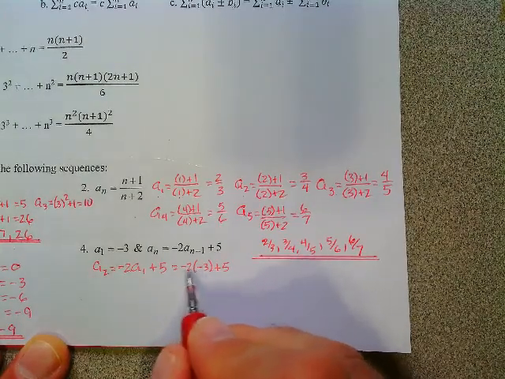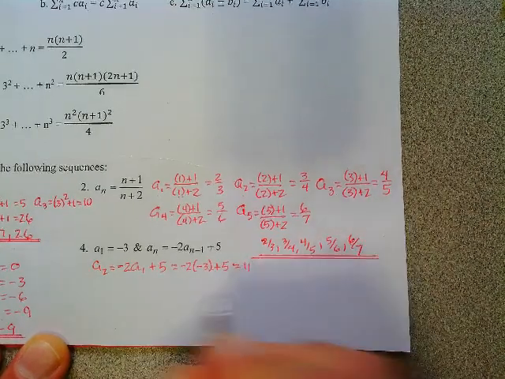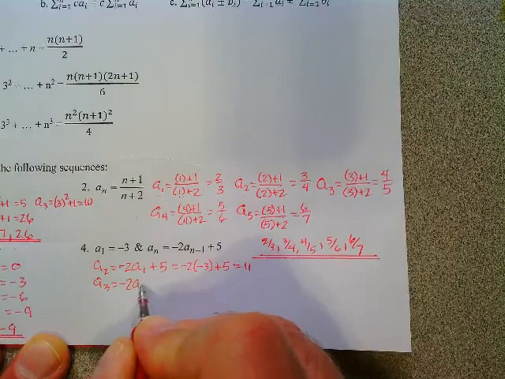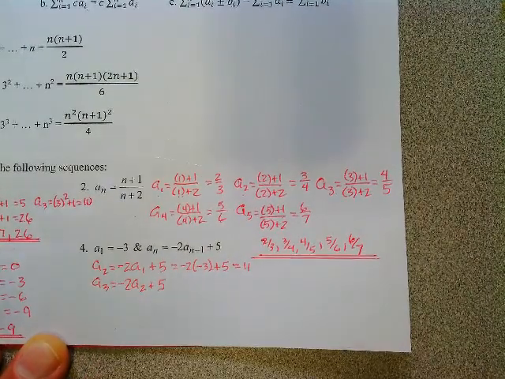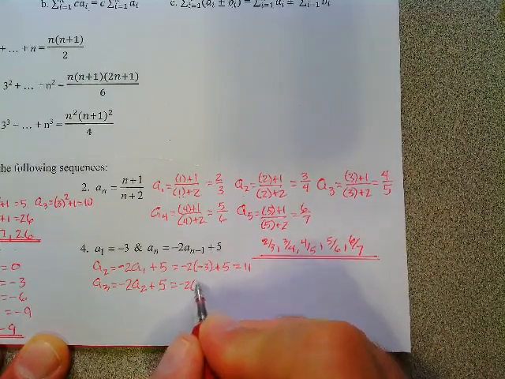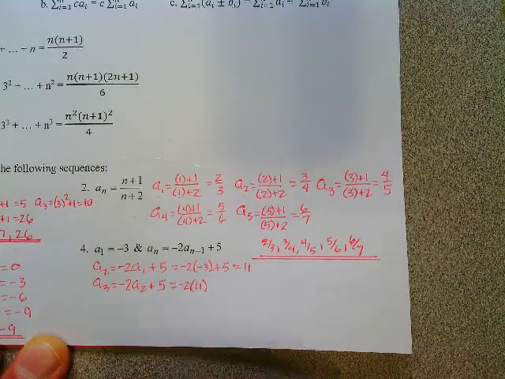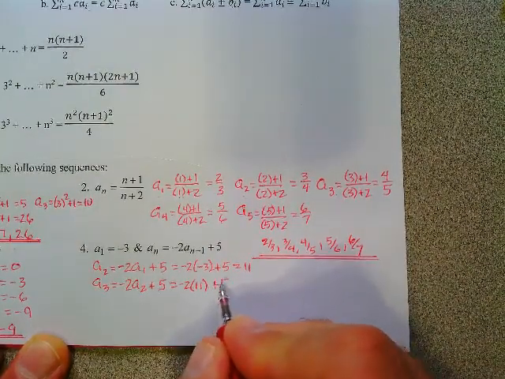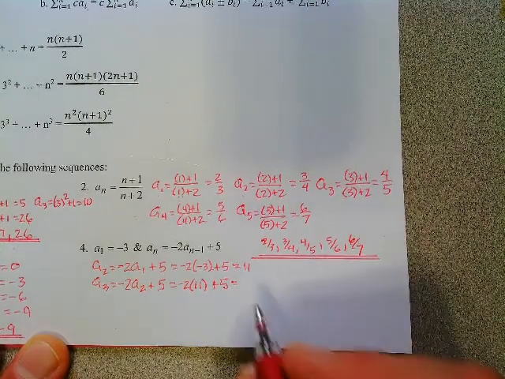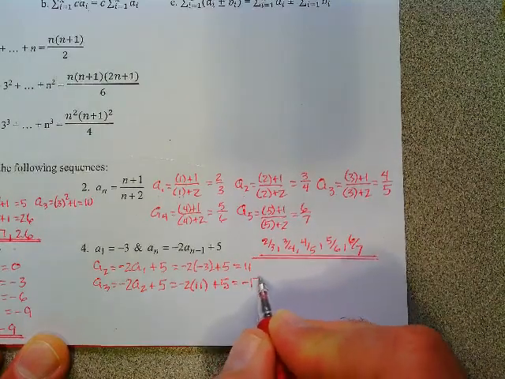It'll be positive, since we have 2 negatives. 6 and 5 gives us 11. a3 will be negative 2 times a2 plus 5, which will be negative 2 times 11. Again, notice how it's the previous value. And then again, plus 5. So negative 2 times 11, negative 22. Negative 22 and 5 is negative 17.